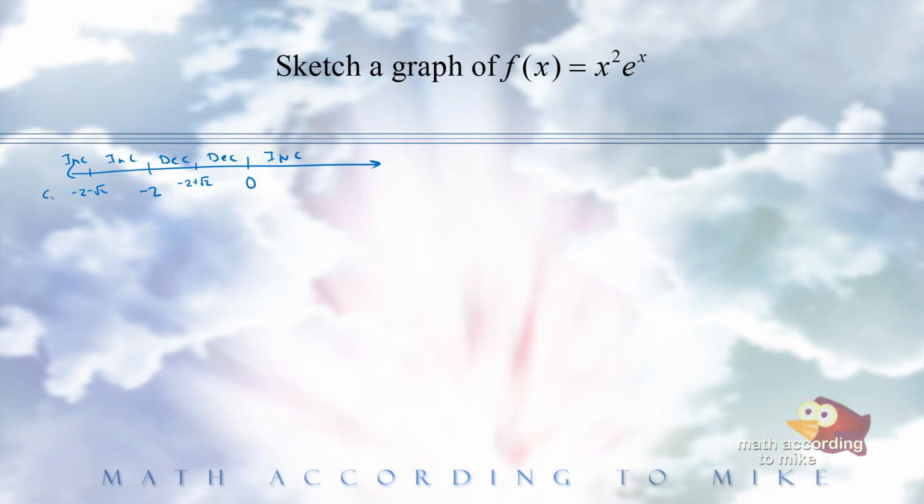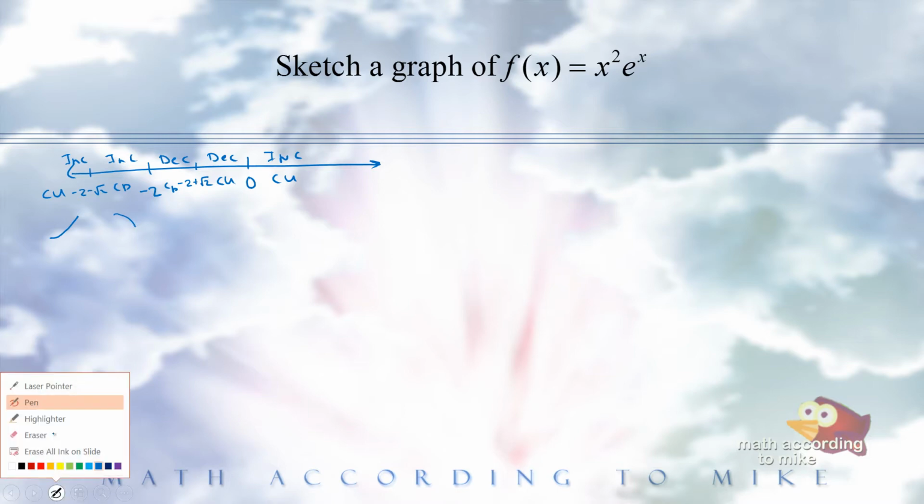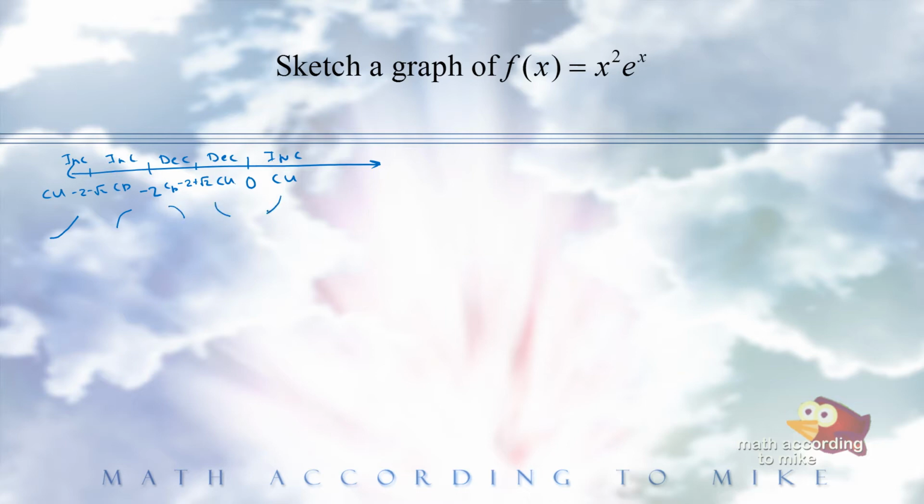So this is concave up, and these are concave up. And these guys were concave down. We have 5 shapes. So increasing concave up, increasing concave down, decreasing concave down, decreasing concave up, increasing concave up.